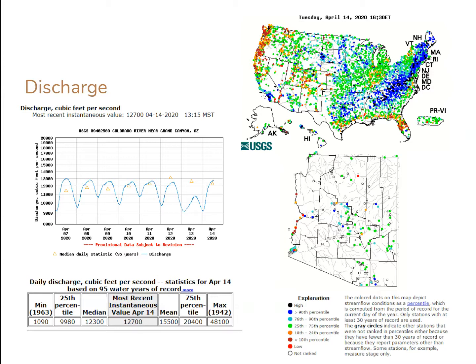So what I ended up doing was clicking on the dot inside of the Grand Canyon. You can see it's green on the map, and that's what the graph on the left-hand side tells us. So it tells us over the last week, you can see that the discharge has peaks right around 13,000 cubic feet per second.